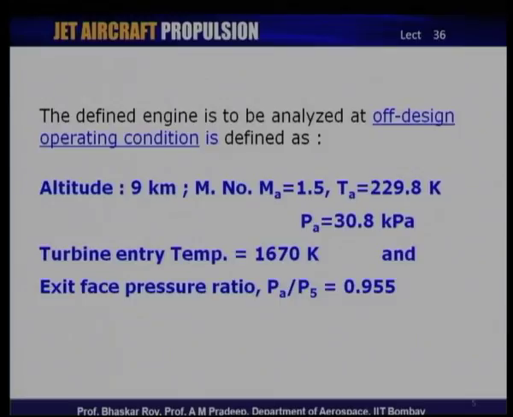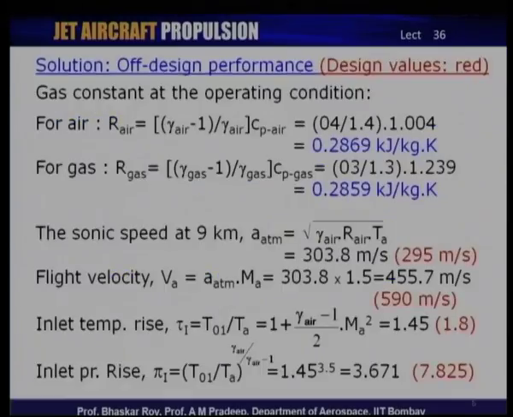So, the exit pressure could be pretty close to being equal to the ambient pressure. So, those are the prescriptions. Aircraft flying at 9 kilometer altitude at a Mach of 1.5 and turbine entry temperature 1670 K as prescribed for off design calculations. Now, let us see how we can proceed to do off design performance estimation.